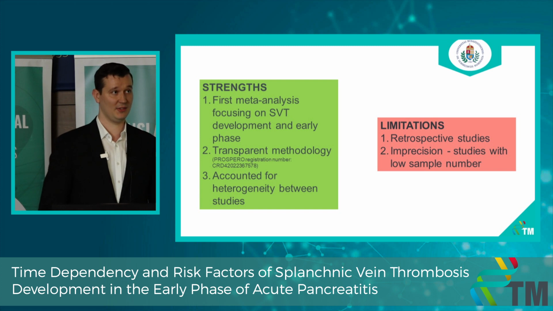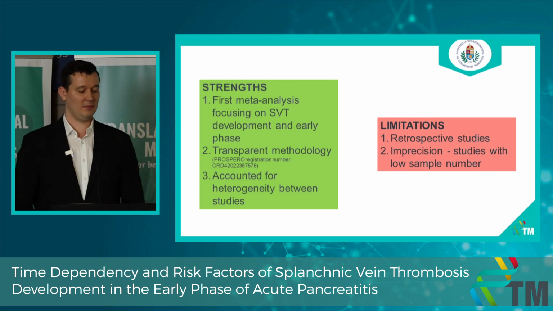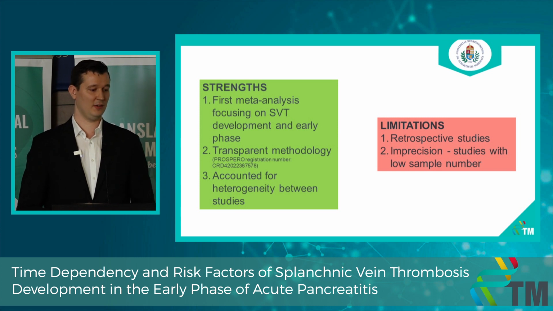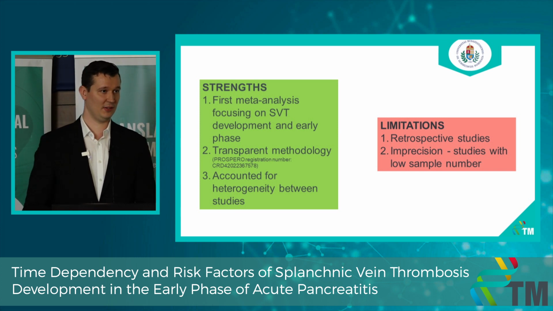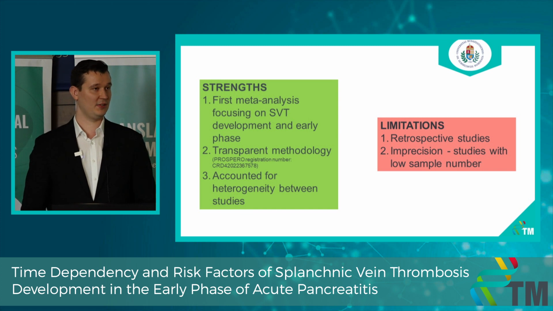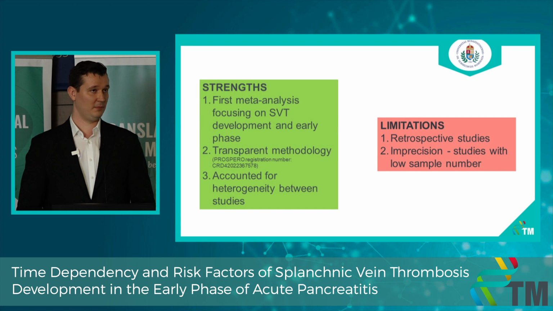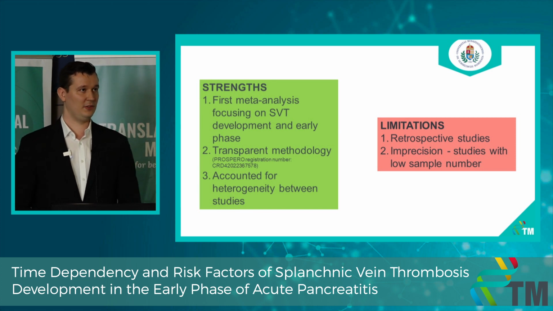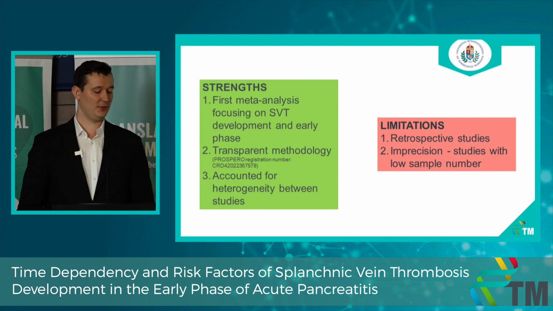Our analysis had strengths and limitations, and first strength would be that this was the first meta-analysis focusing on the developmental dynamics and the early phase of AP. We have a transparent methodology with prospective registration of the protocol in the Prospero database.